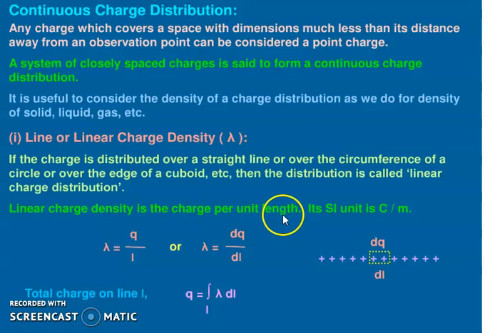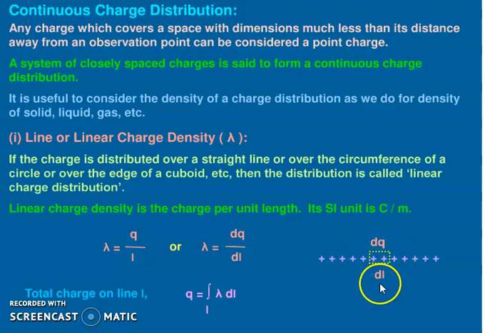Now, what is linear charge density? Linear charge density is defined as charge per unit length, that is lambda. Lambda is the denotation of linear charge density. So lambda is equal to Q by L, charge per unit length. If we choose a small section on the line, see this line, the positive charges are distributed along a straight line. We choose a very small length on this line.